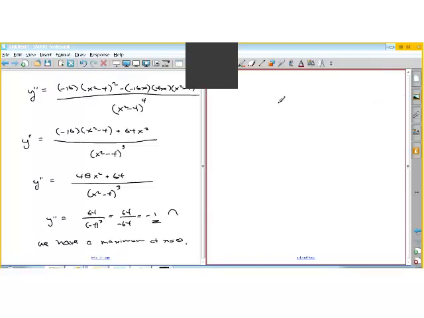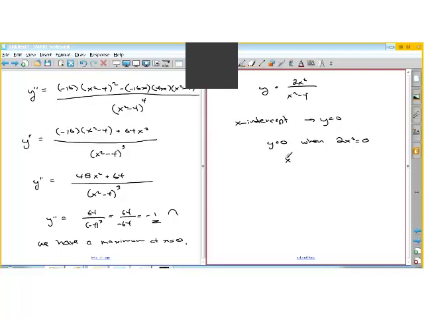Okay, now back to answering the intercepts. We have to go back to the original equation. So let me just write that down. Y is equal to 2x squared over x squared minus 4. So the x-intercept is where y equals 0, and y equals 0 when the numerator is equal to 0.